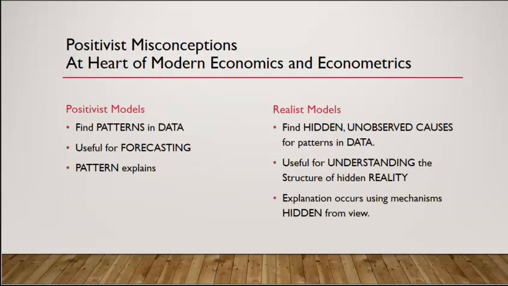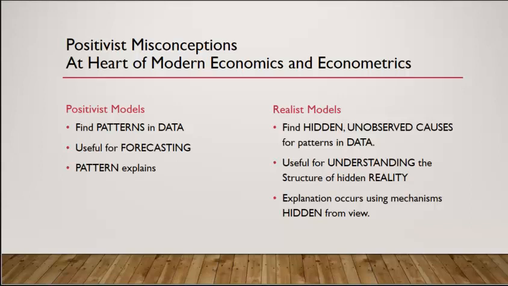So let us think about how this worked in the field of econometrics, because the same thing is true in economics, but it's much easier to understand in econometrics. Econometrics is a search for patterns in the data. You look at the data and you say, oh, these two variables are moving together.